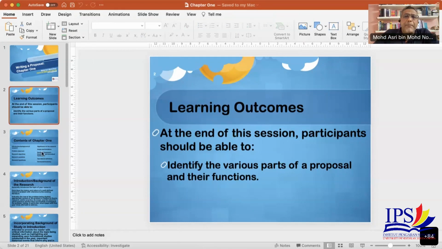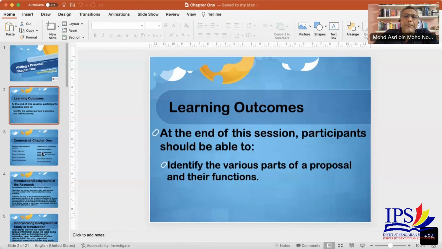Of course, you choose the field of study, which you already have chosen. And then you will have to do a lot of reading, a lot of literature review to understand the theories of the field of study.